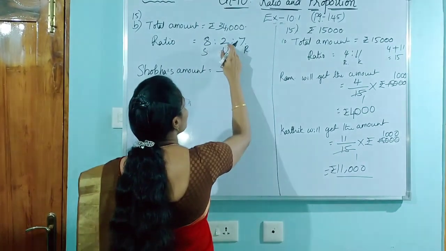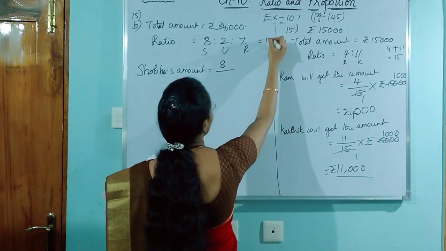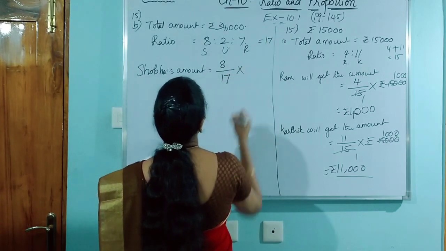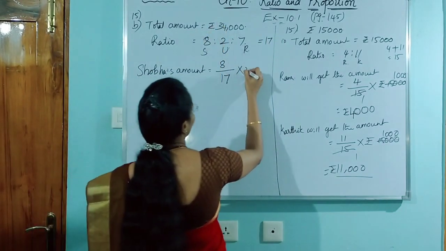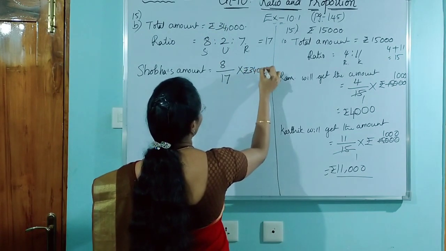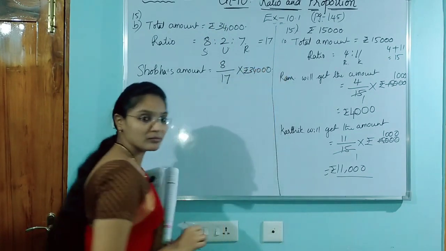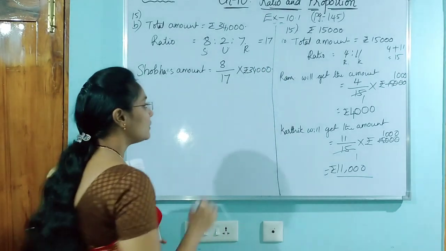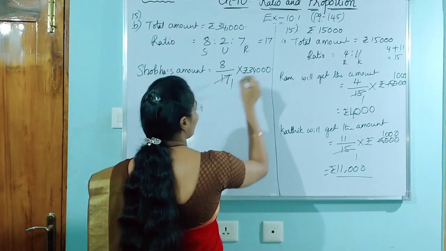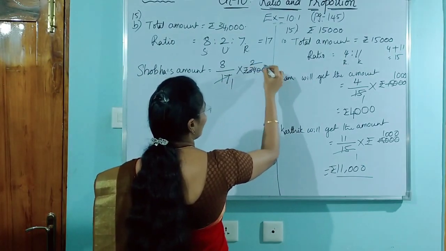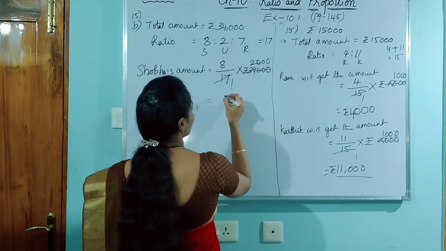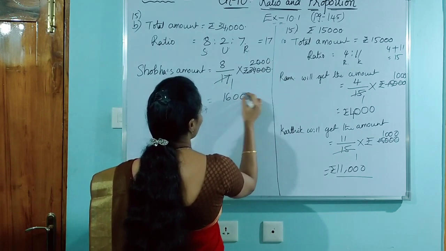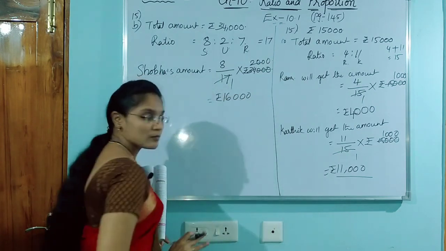So 8 plus 2 is 10, 10 plus 7 is 17, the sum is 17, into the data we have, 34,000 total amount, rupees 34,000. Am I clear? Now 17 table, 17 ones are 17, 17 twos are 34, the remaining zeros will follow, 2000. So 8 into 2, 16,000 rupees Shobha will get.